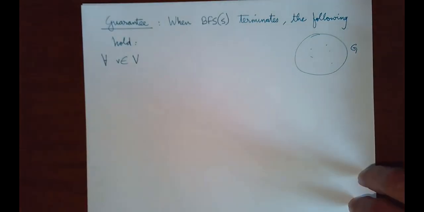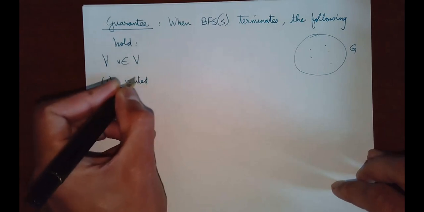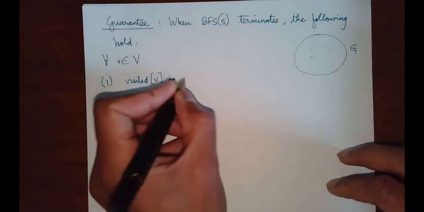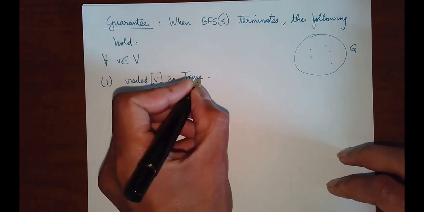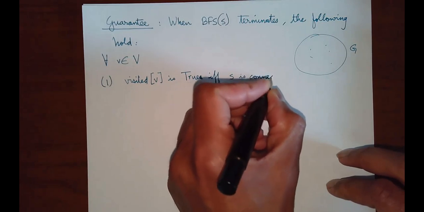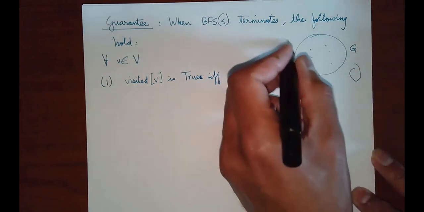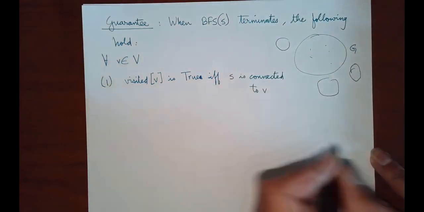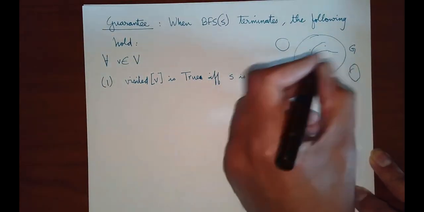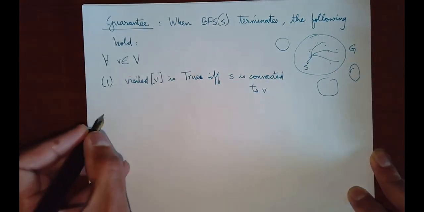For all the vertices in the graph, visited of V is true if and only if S is connected to V, meaning that you could have vertices that don't have connections to S. So G could be this collection of different components, as they call it, and this would be S. All the vertices in here are connected to S, and those are the only ones where visited V will be true.